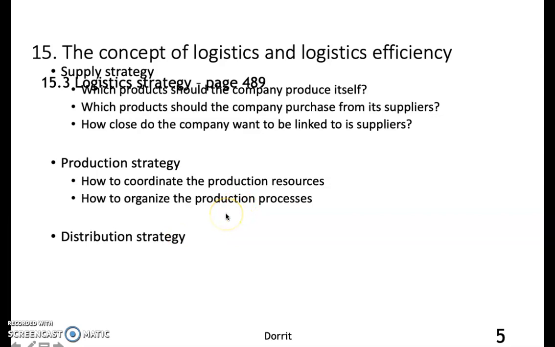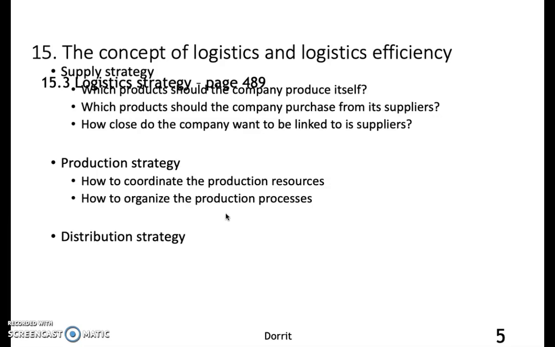How to organize the production processes. Again, this is very much related to the previous. It's related to, should we start producing product A, B, or C? Here we're also going to present the ABC analysis, which has the 80-20 rule. The 80-20 rule relates to the fact that 20% of the goods typically provide 80% of the contribution margin.